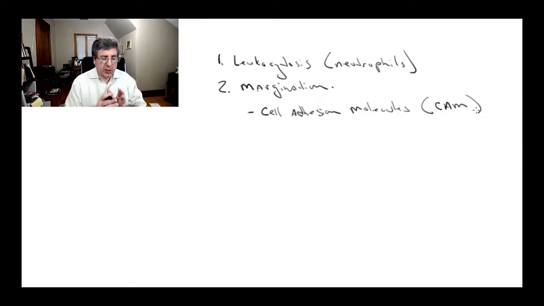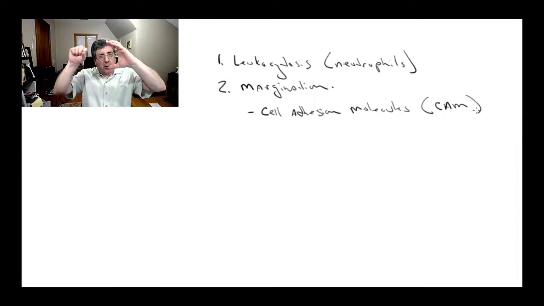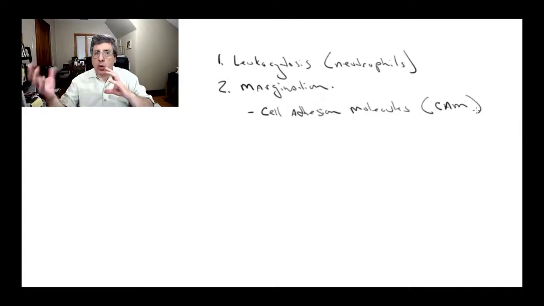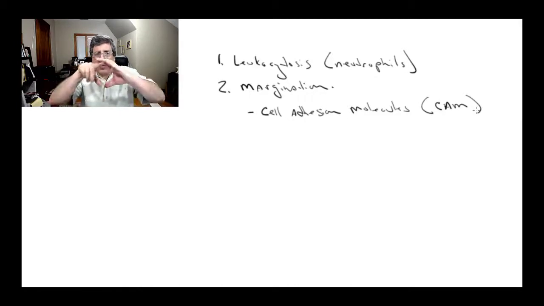So what happens at this point is, if we've got the capillary here and a whole bunch of neutrophils in it, they migrate to the endothelial wall. They're going from the center or wherever they're at, and they migrate to the sides. We know that the velocity is slower in that area, and the neutrophils slow down, and when they're on the endothelial lining, they begin to roll or tumble.